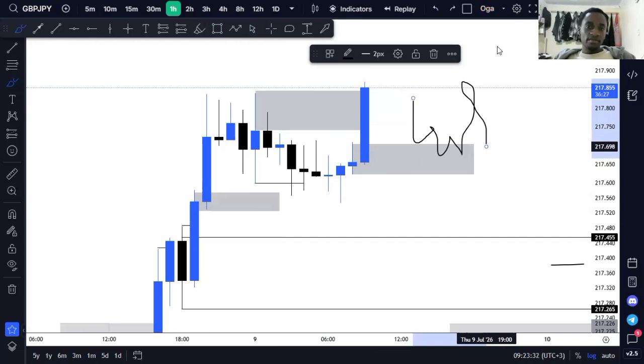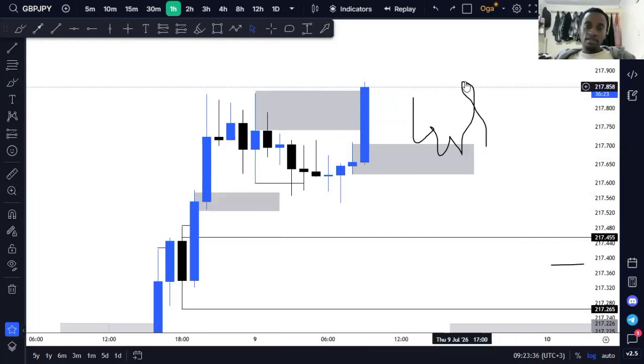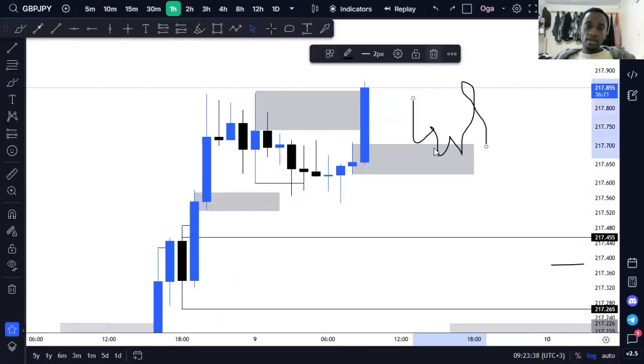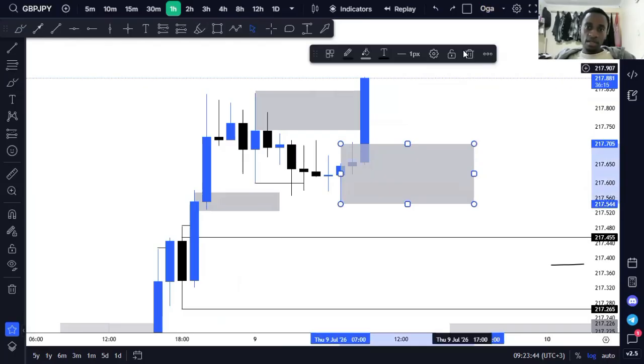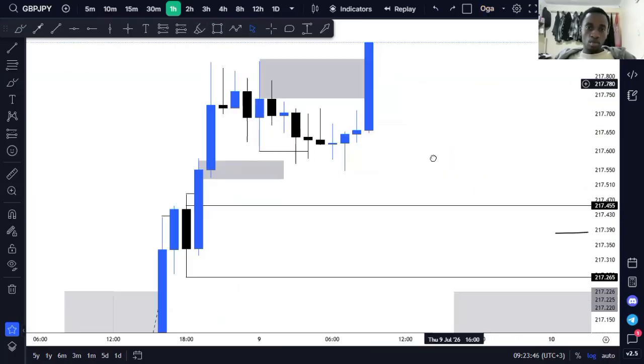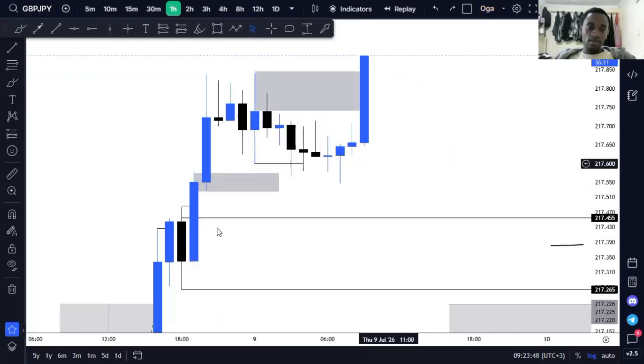We can have continuation buys, but if it takes this whole area out, this low out, and pulls lower, then this will be my valid area of interest. So let me just wait.